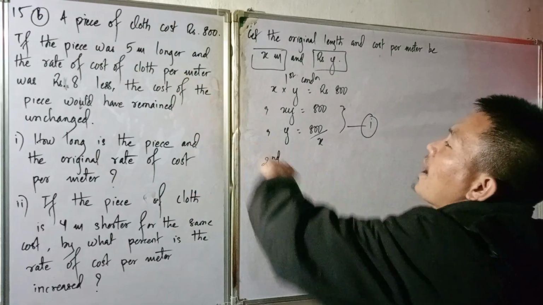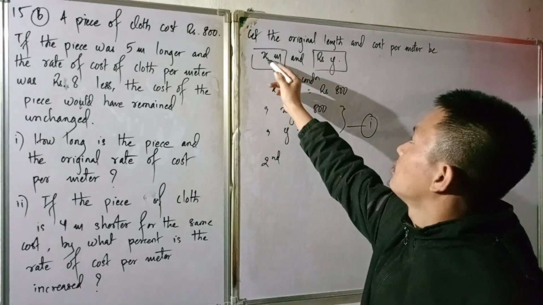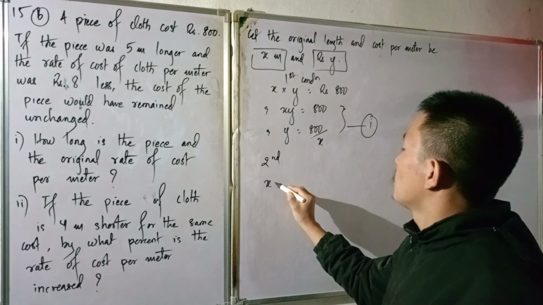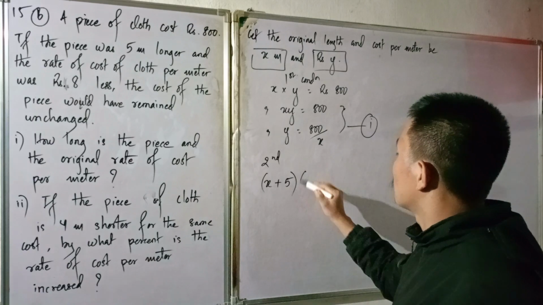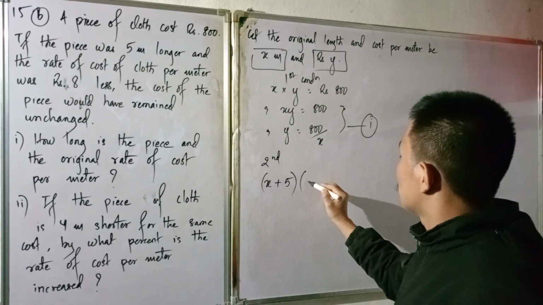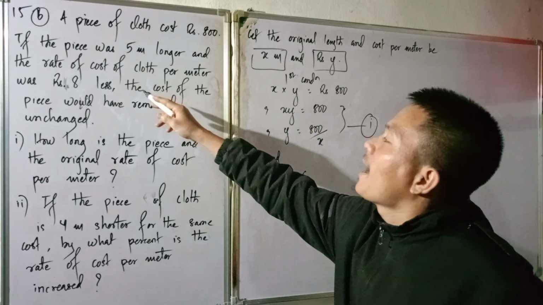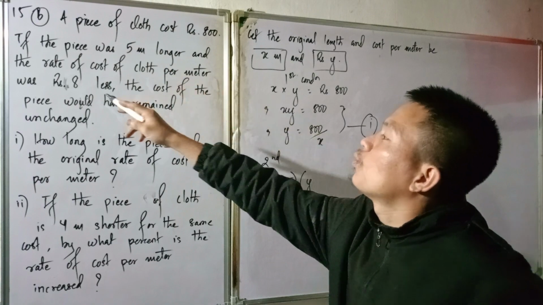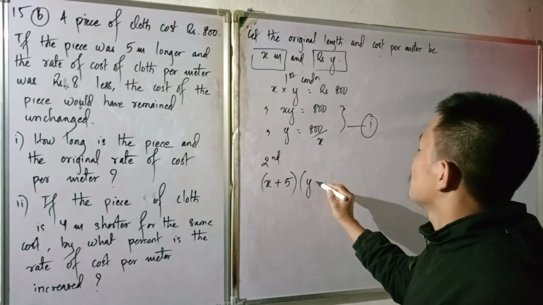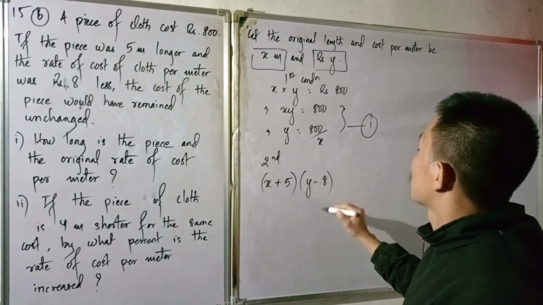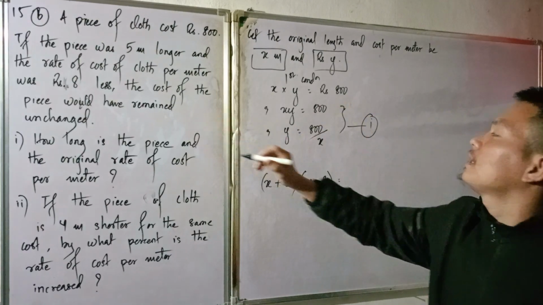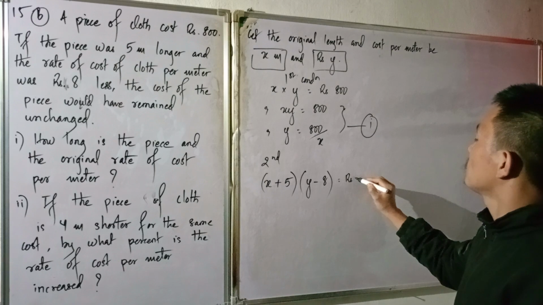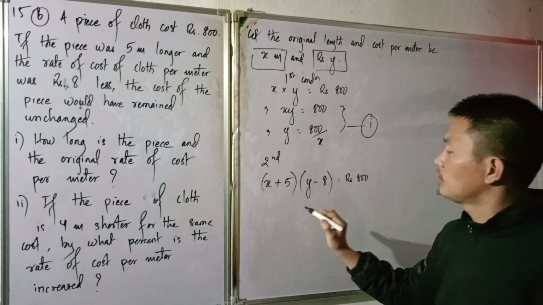If the piece was 5 meters longer, so this is the length, you add 5 here. And this y denotes the cost per meter, and the cost per meter was rupees 8 less, which means you have to subtract 8. The cost would have remained unchanged, which means it is rupees 800, the same amount.